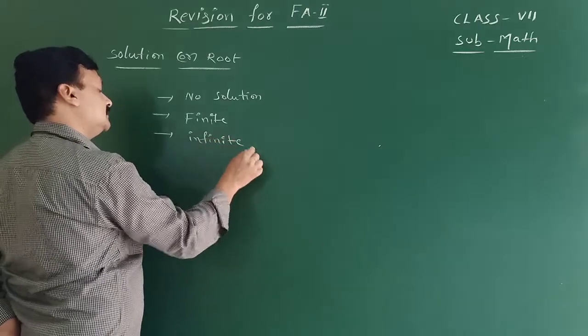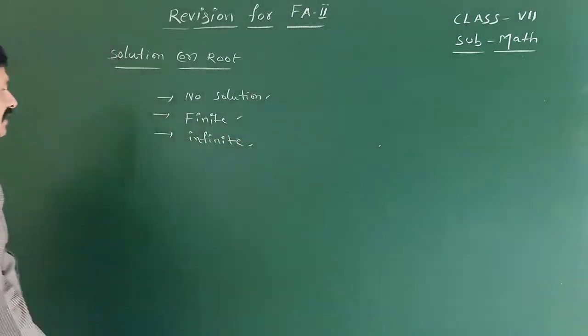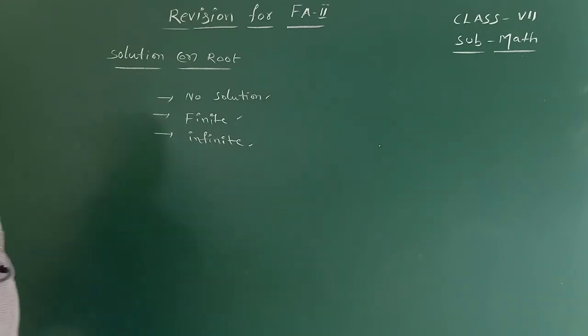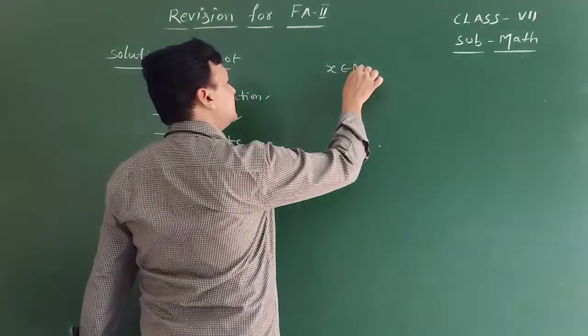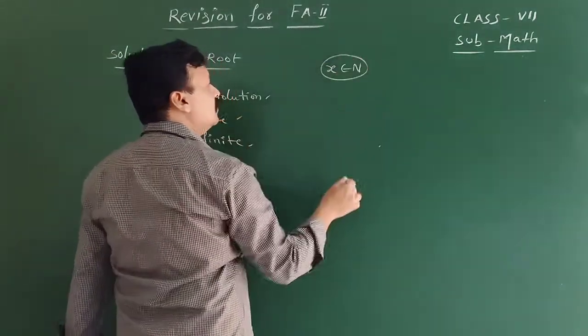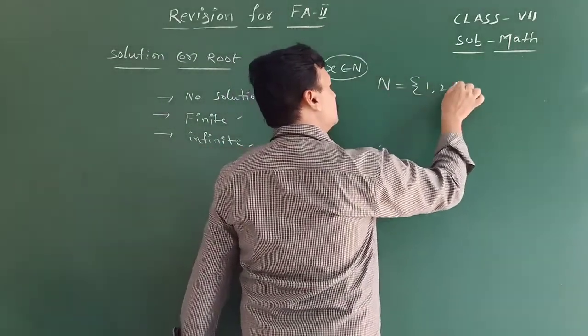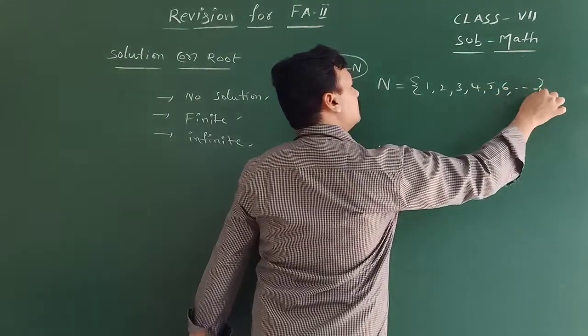These 3 situations arise while finding the solution or root of the given simple linear inequation. Here the replacement set: x belongs to N, natural numbers 1, 2, 3, 4, 5 and so on.